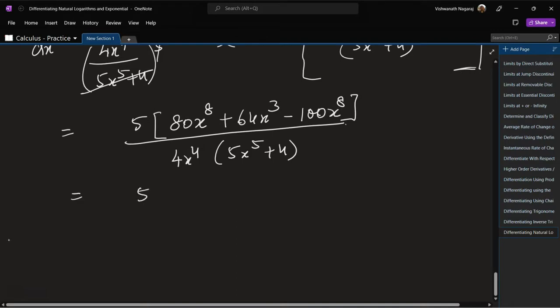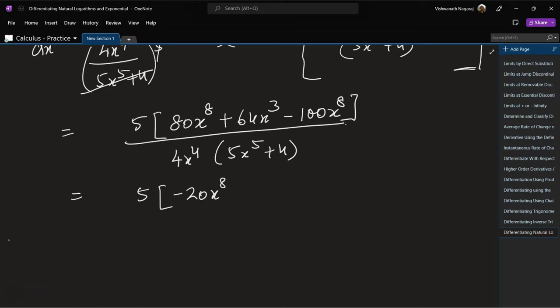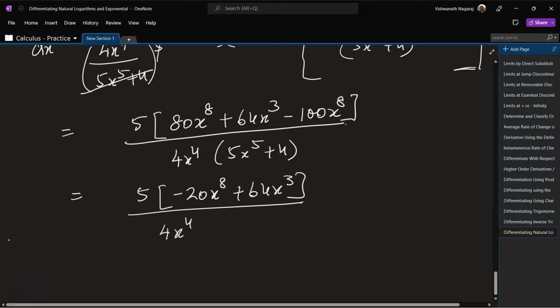This gets simplified to 80 minus 100 is minus 20x^8 plus 64x cube divided by 4x^4 times 5x^5 plus 4.